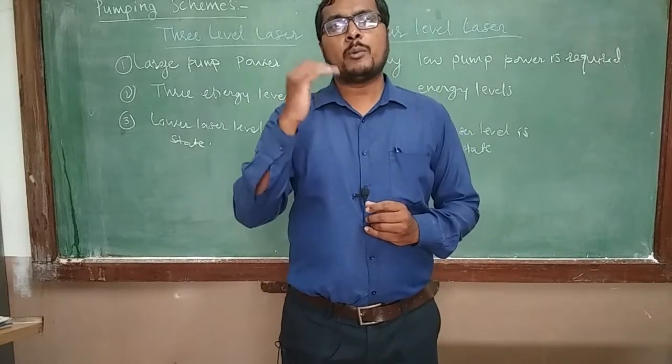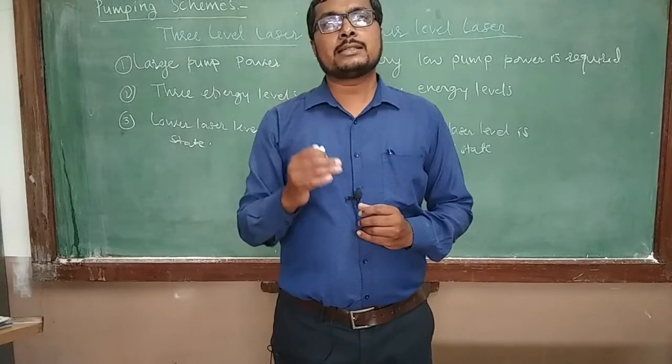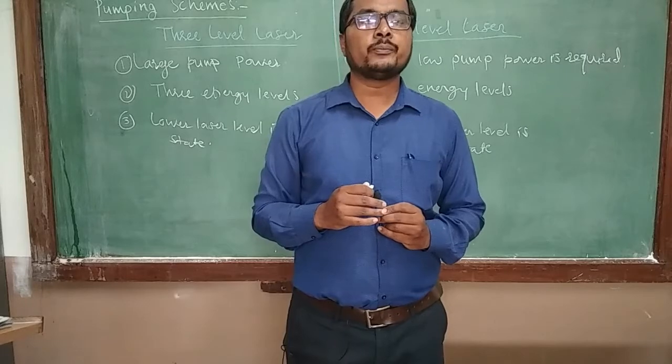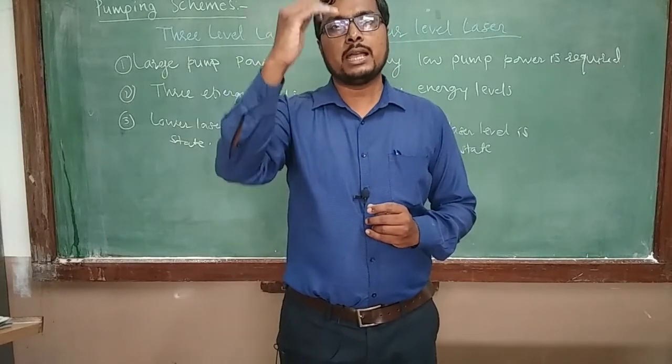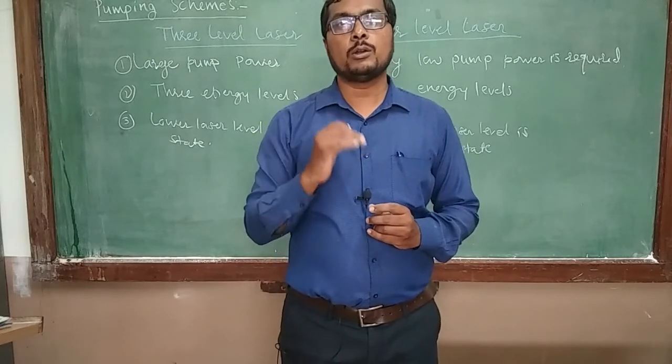And again, when the population inversion is achieved, the laser starts lasing by the process of stimulated emission. When this laser action starts, the atoms fall back to the ground state, and the population inversion is immediately lost.